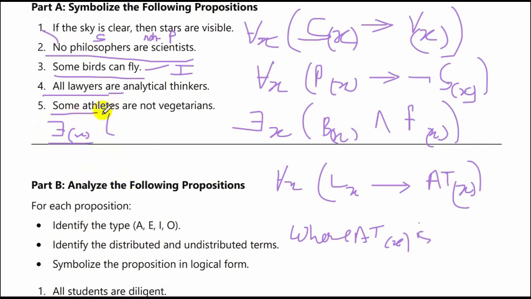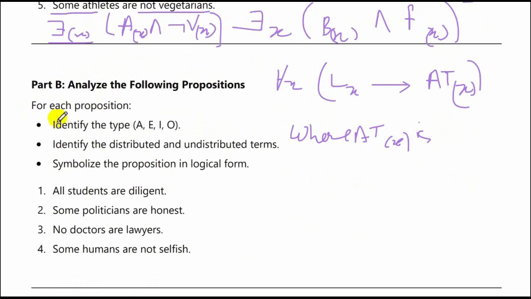Athletes would be A, not vegetarian. Now this is a negative, so we say vegetarian first, and then apply the negation symbol for not vegetarian. Since it's an existential quantifier, we have to use the and symbol, and athlete would be Ax. I hope this is also clear.